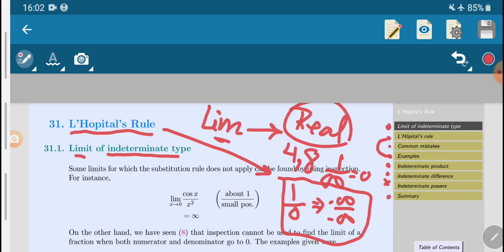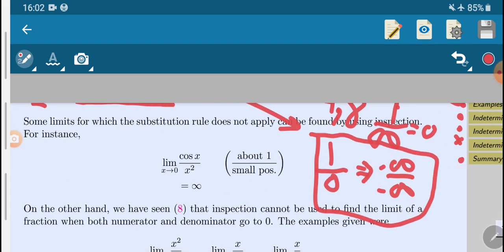For the limit as x approaches 0 of cosine x over x squared, if you substitute directly, cosine 0 equals 1 and 0 squared is 0. 1 over 0 is infinity. So this limit is not of indeterminate type.